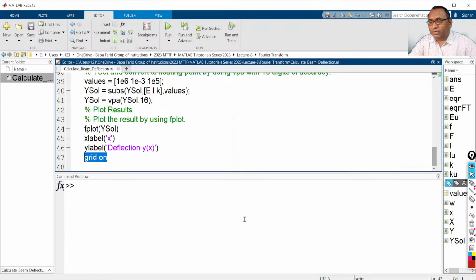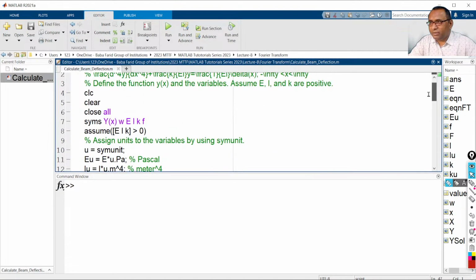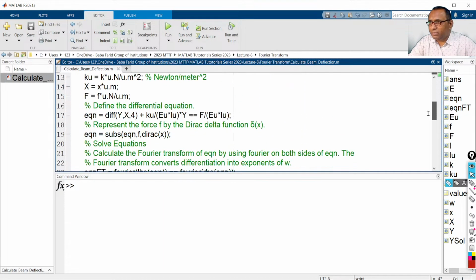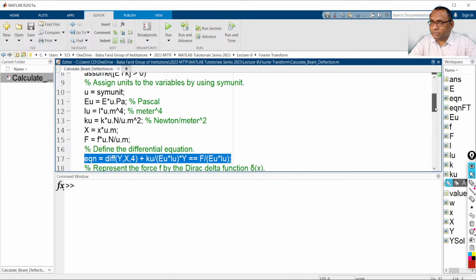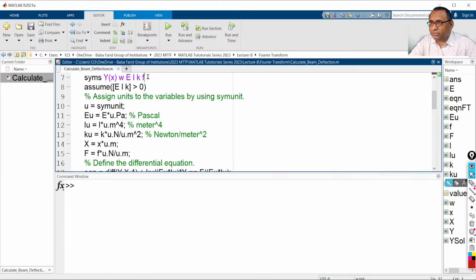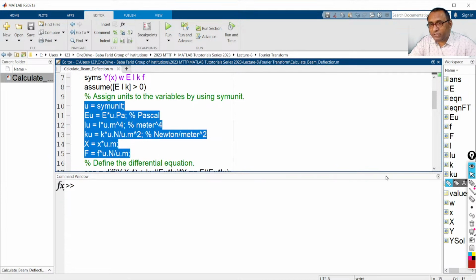First, you need to convert the given differential equation into this form. But before that, you need to declare the symbolic variables which are involved in the given differential equation, and also define the parameters, and then you need to convert each parameter into a symbolic unit. This is very important to do before writing the differential equation.